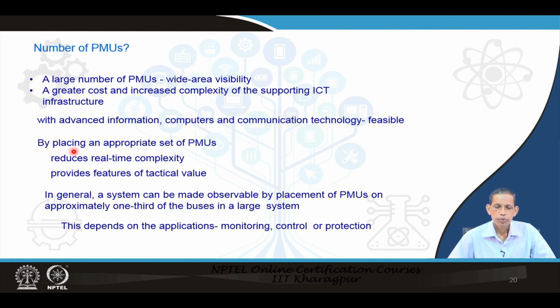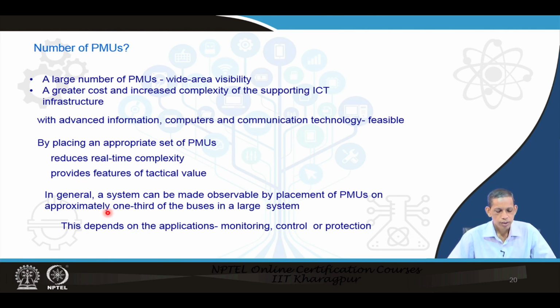By placing an appropriate set of PMUs, real time complexity is reduced, and it provides features of tactical value. So, we do not need to consider all the PMUs and all these things; if you can manage with fewer, it is welcome. Sometimes the PMU data may not be available, and in that situation also the corresponding application should be viable.